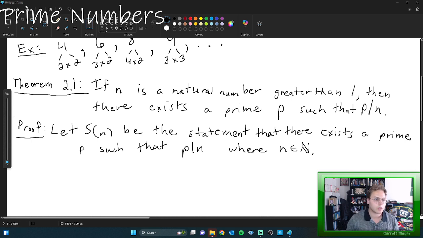And what we want to do is prove that Sn is true for every single natural number above 1. So where n is greater than 1 strictly, we want to prove that Sn is true. And then once we do that, we've proven the theorem to be correct.